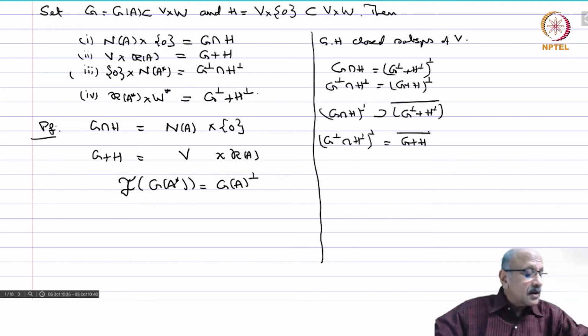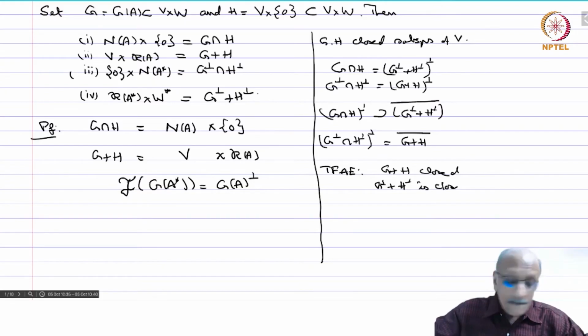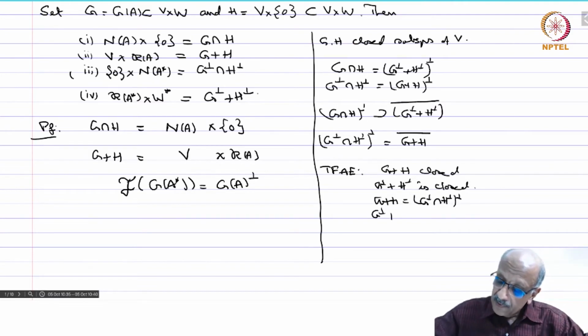We also had a theorem which says that the following are equivalent: G plus H is closed, G perp plus H perp is closed, G plus H equals G perp intersection H perp, and G perp plus H perp equals G intersection H perp.